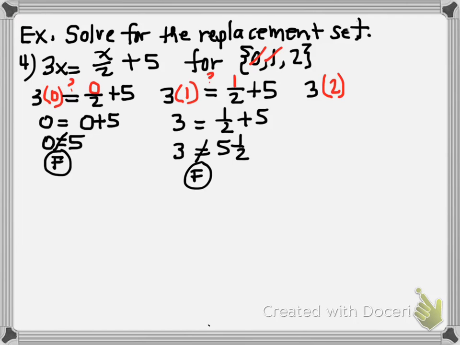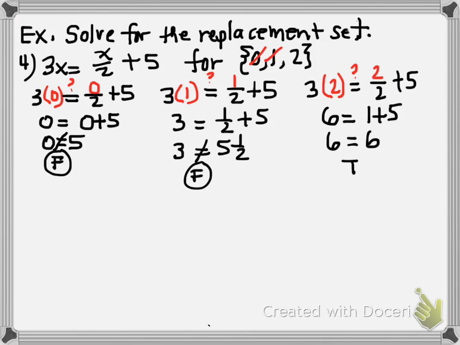So now we're going to replace x with 2. Everywhere we see x, we're going to replace it with a 2. So we don't know what we're going to get here. And so we do our math. So we get 3 times 2 is 6. 2 divided by 2 is 1. 1 plus 5 is 6.